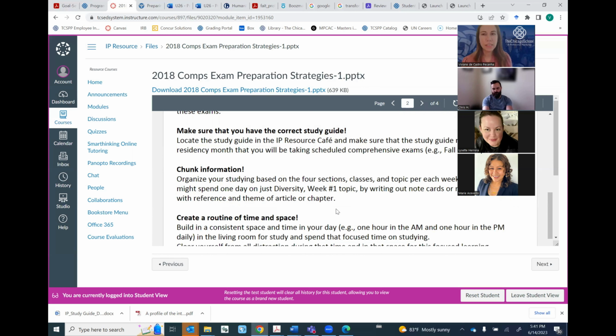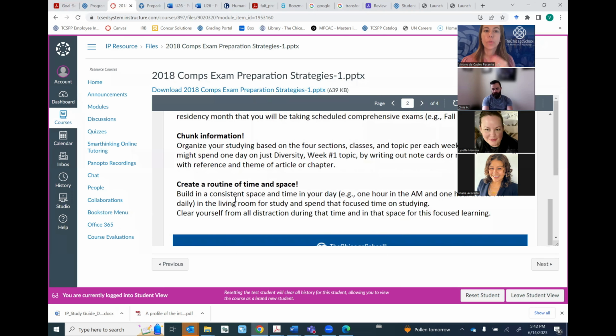If you're not organizing yourself and studying, chances are that you are not setting yourself up for success. Make sure you study ahead of time. Make sure you understand what is included in the study guide, and that you do your due diligence in order to be prepared. And create a routine of study, right? So when you're going to study, put that in your week.